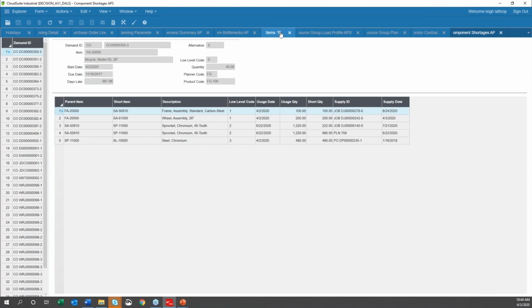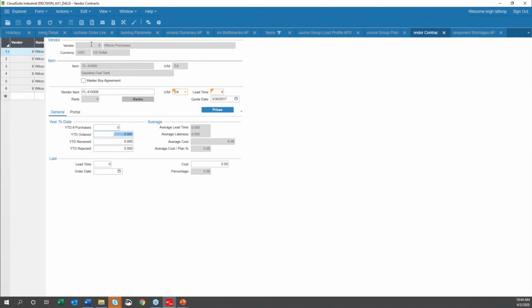One other thing I might mention is that if we are using vendor contracts appropriately, it might be appropriate in some of these tool sets to align items with the vendor, maybe using the planner code, so that I would not necessarily have to get to vendor information.